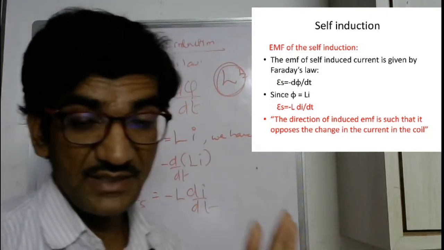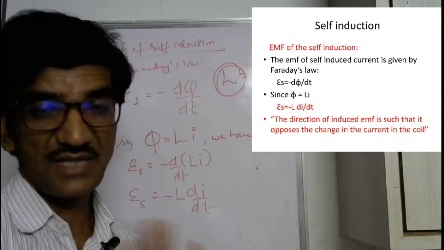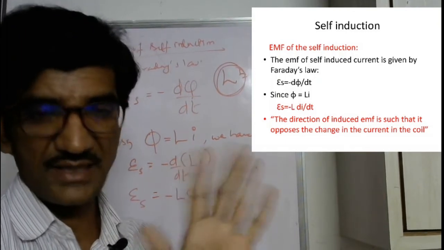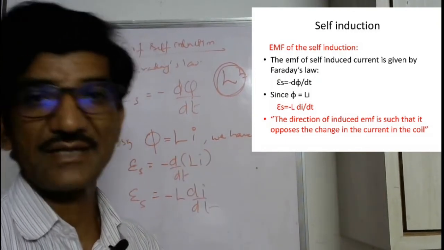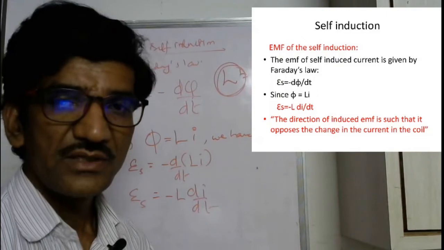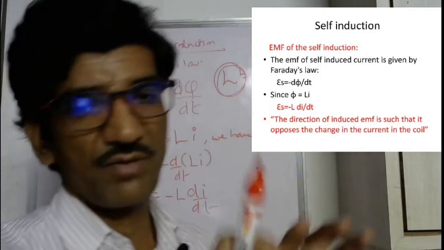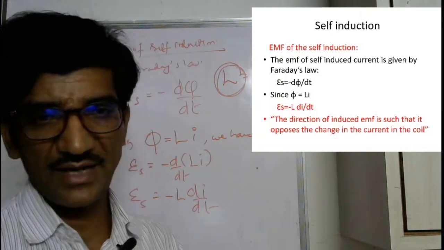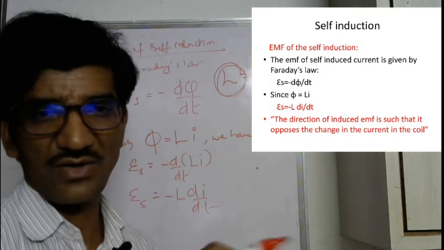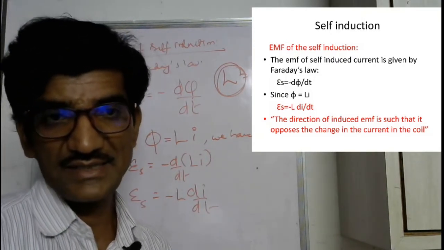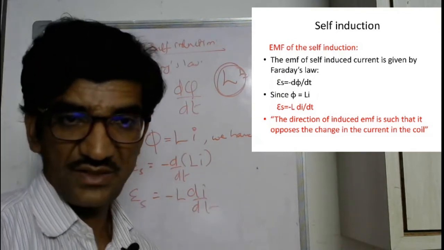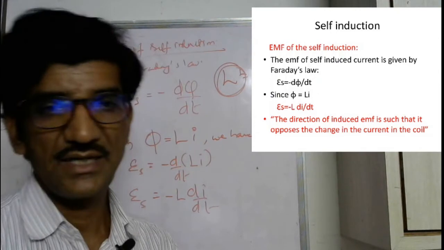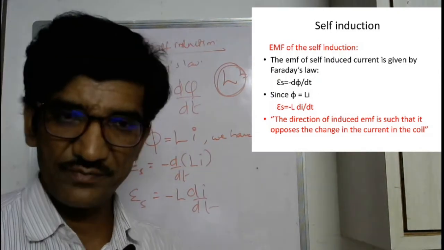It depends on the size and shape of the coil or the loop, but not on the current flowing through that coil. So inductance is an intrinsic property of that coil. Current is an external thing. We are bringing the current and allowing it to flow through that coil. It does not change the property of that coil. So inductance is an intrinsic property of any coil or a conducting loop.